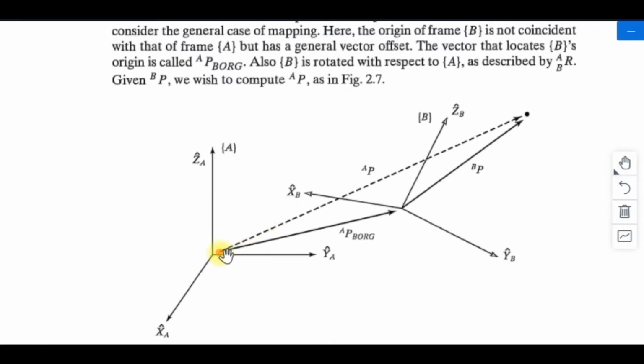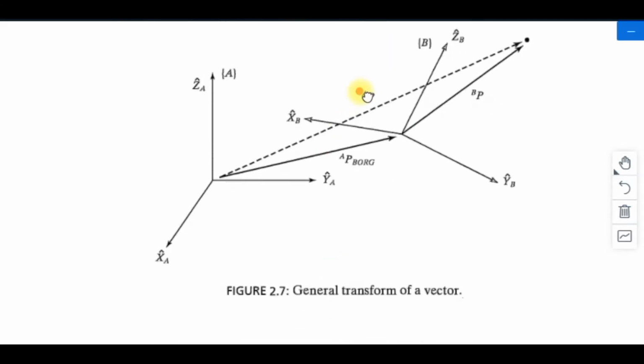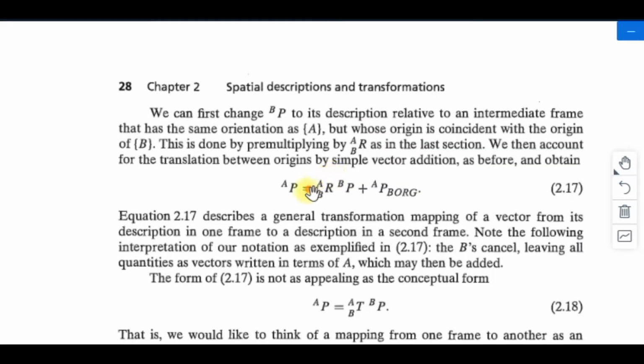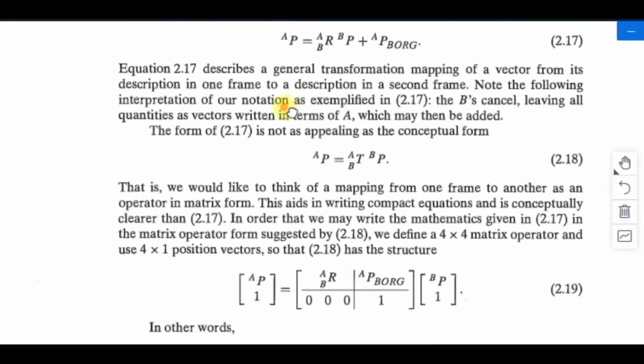Its origin is basically a translation motion. So it's given as A P ORG, and after that the rotation. So translation and rotation both give the present position with respect to the other frame, which we already covered.